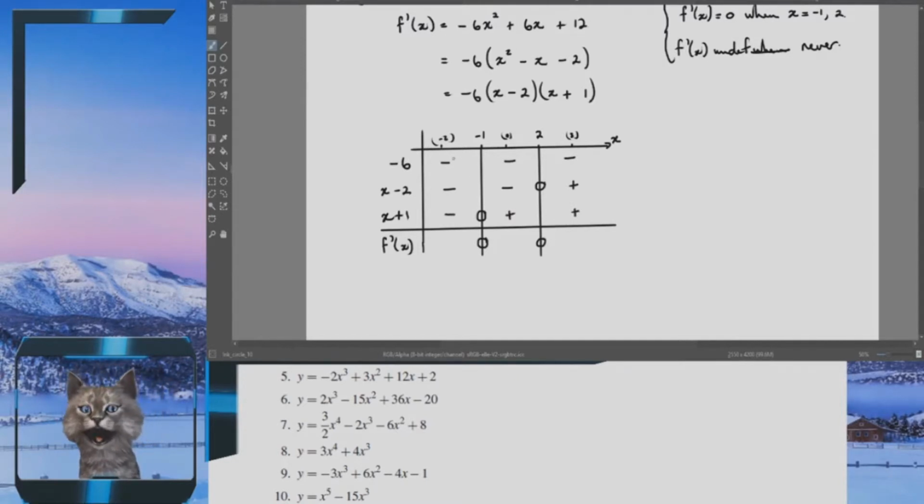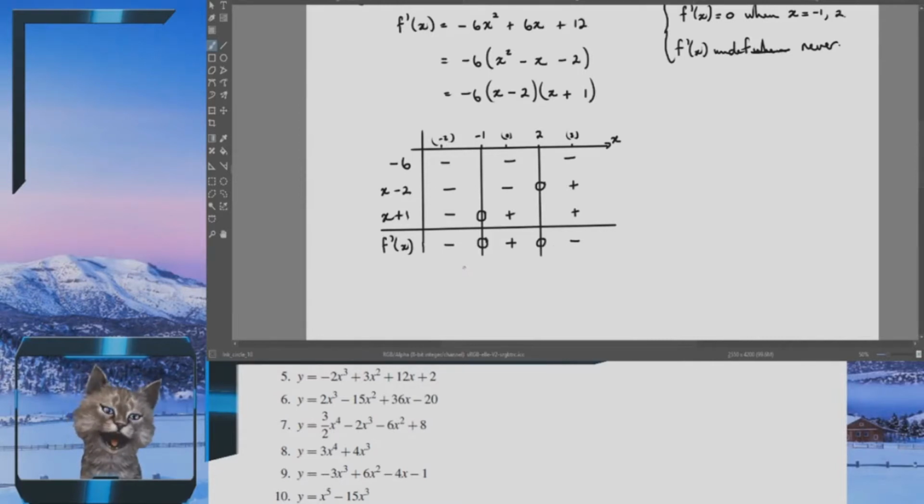Now I have 3 negatives. For any of these x values, it will be 3 negatives multiplied together to give me a negative value for the derivative. In the middle section, 2 negatives will make a positive, and in the last section, 1 negative will make a negative.